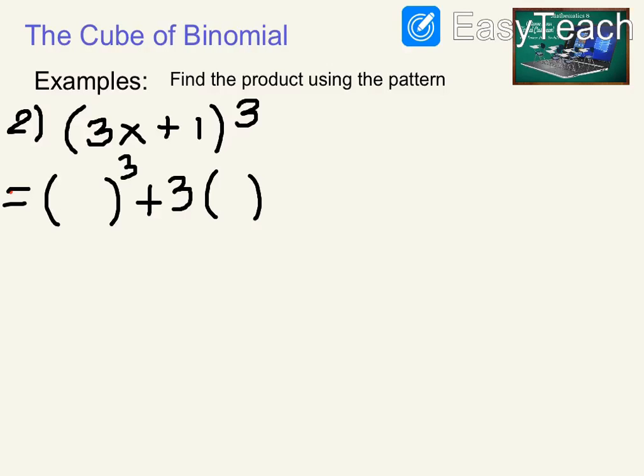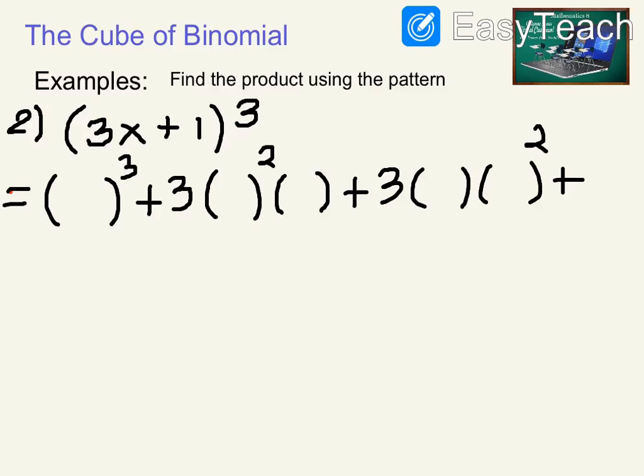The first term should be squared, multiplied by the last term, plus we have thrice the first term, and then square the last term, and then plus you're going to make a cube of the last term. Okay, so plug it now the first term. So again, the first term here is 3x, and this is the second term, which is 1.